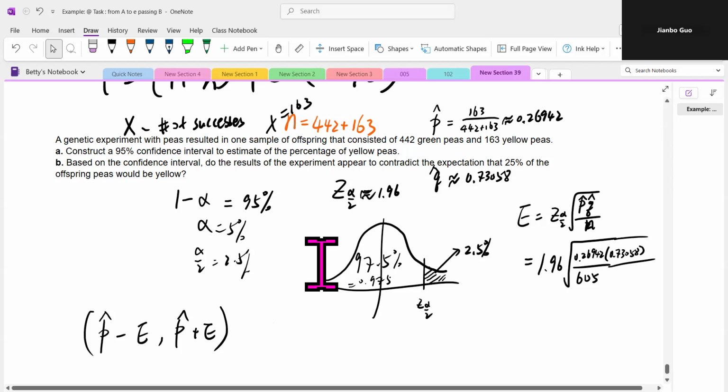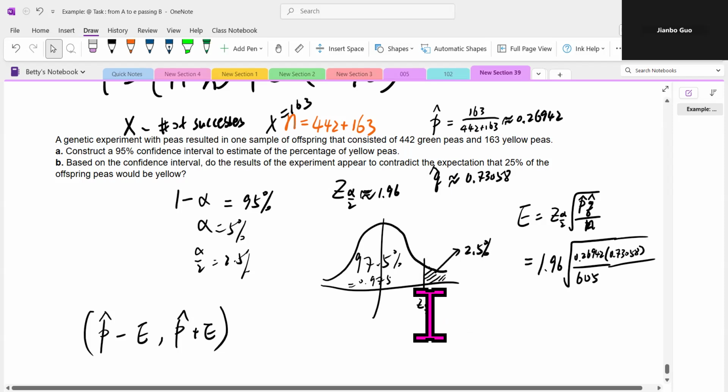So look at this standard normal distribution. Z sub alpha over 2 is the Z-score on the right tail. Z sub alpha over 2 separates the region to the right that has area 2.5%.